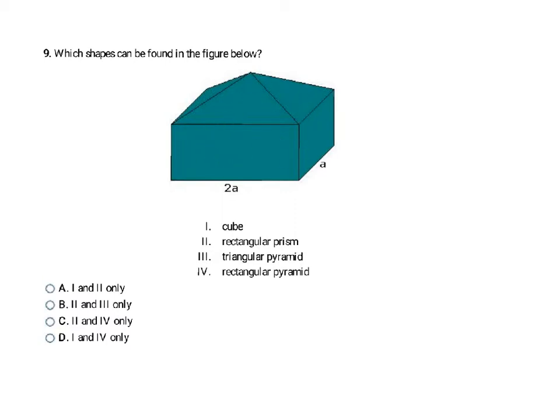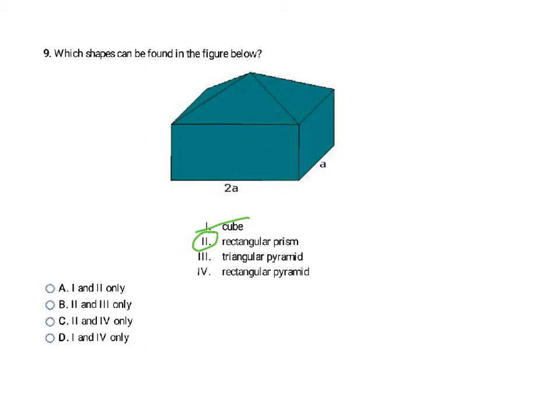In this object here, they want to know if you were to take this apart into different pieces, which of these 2 would you create? So the first one is a cube. These are definitely not squares here, so there's no squares in this object, so it couldn't be a cube. A rectangular prism would have 2 rectangles across from each other, all connected by rectangles. So this bottom piece here, if we just look at the bottom part of this, not this top, that is a rectangular prism, so it's going to be partly 2.